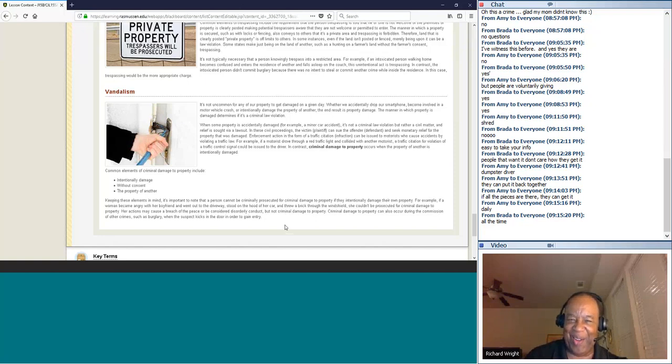Chances are, well, that's a domestic issue, but aside from that, it gets kind of murky when the title of the car is in somebody else's name. But anyway, you get the drift. The idea is your own property, that's your business. That's your loss. Her action may cause a breach of peace or be considered disorderly, but not criminal damage to property. Okay.